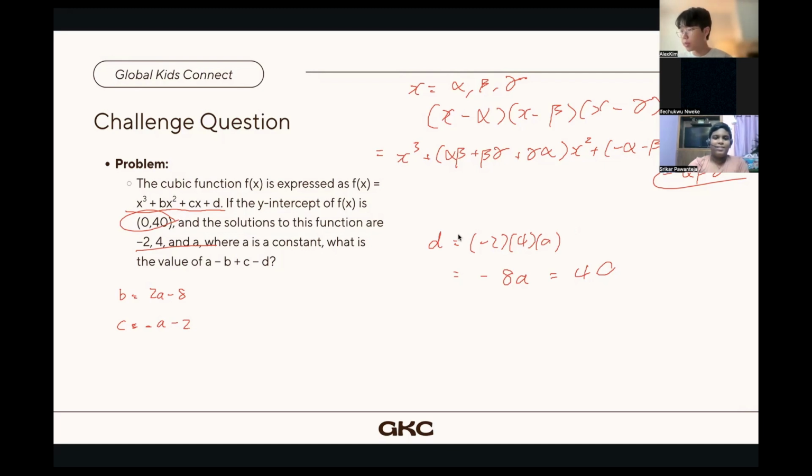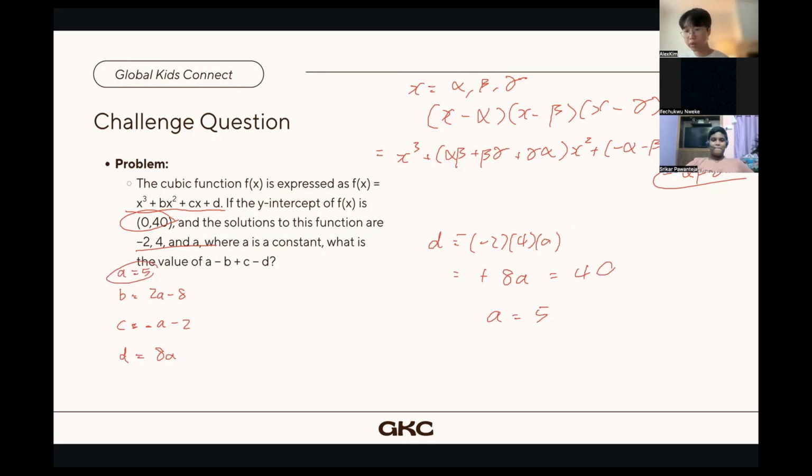Excuse me, we have to add a negative in front because it was a negative product. Excuse me for that. And so we will get +8a. And so we can also write that d is equal to 8a, but then that's also equal to 40, which means that we can say that a is equal to 5.